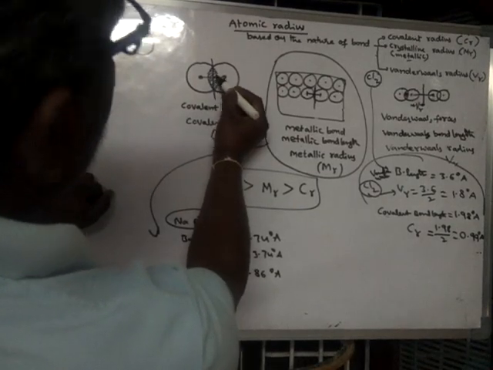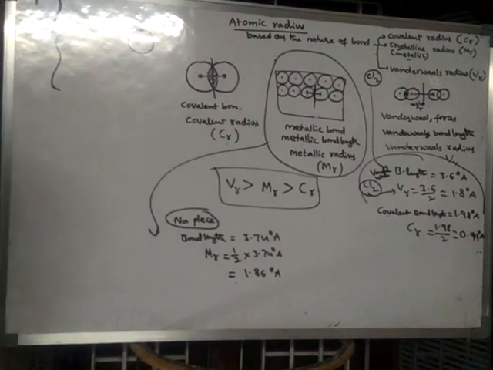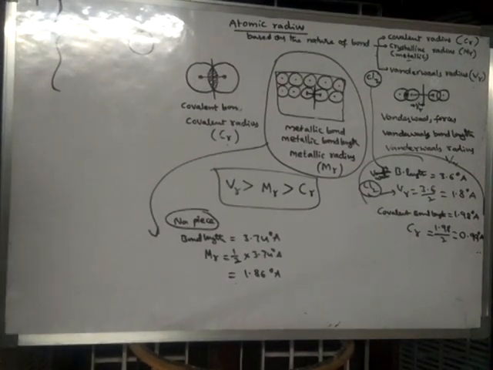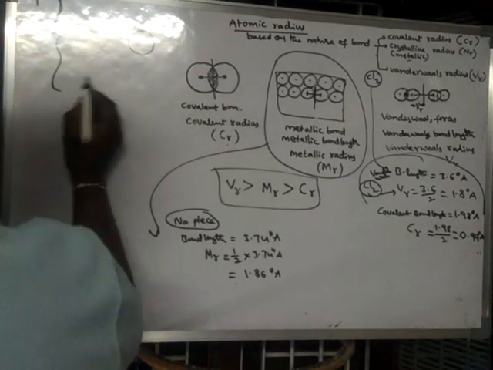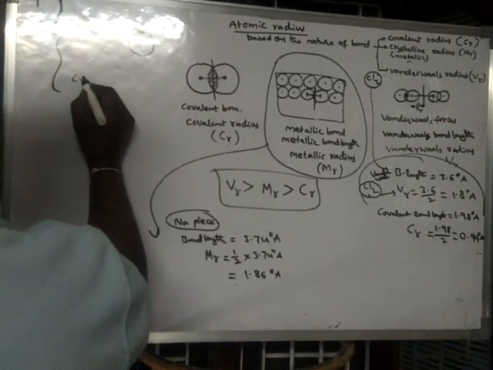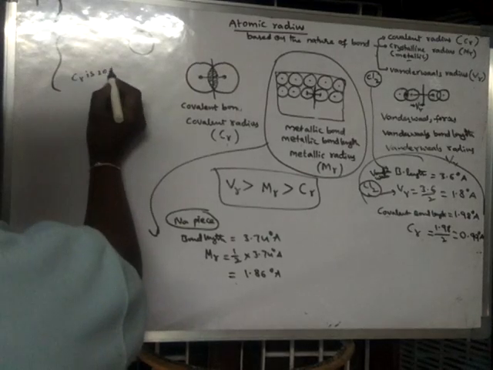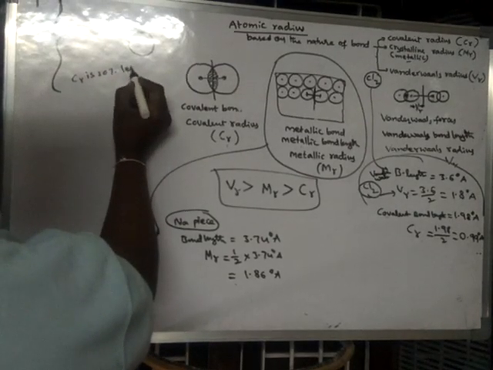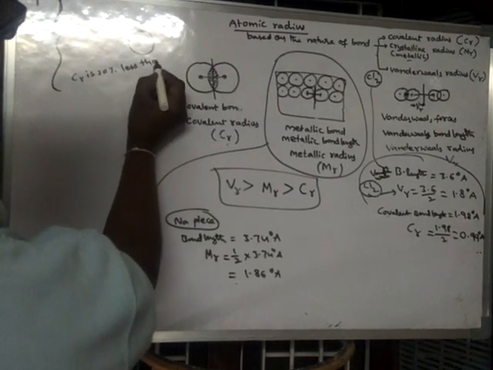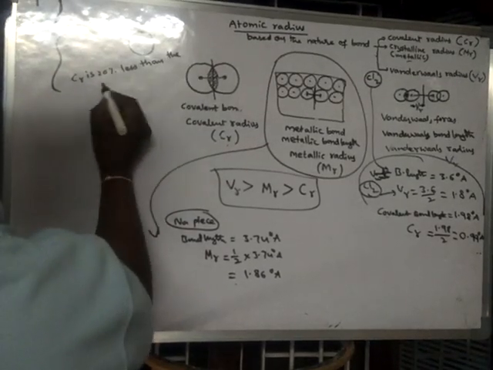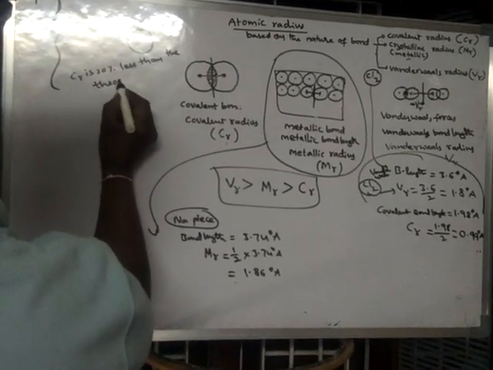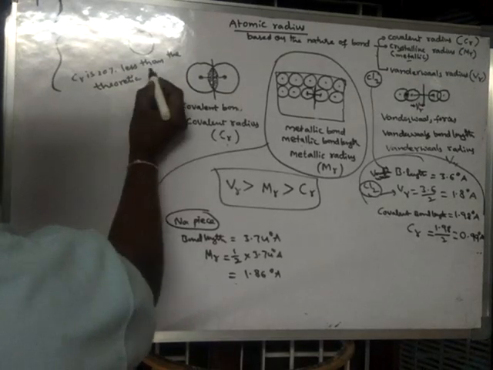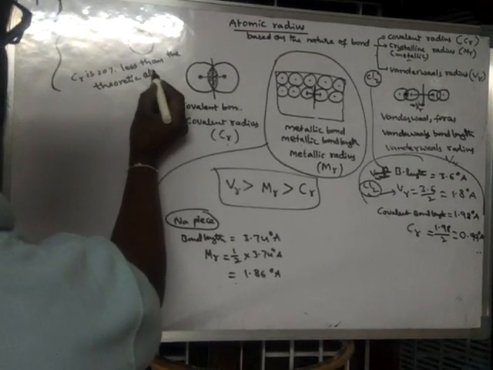That means 20% of the radius is decreased from the theoretical atomic radius. That means covalent radius is 20% less than the theoretical atomic radius.